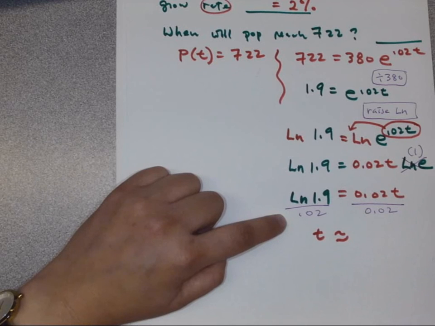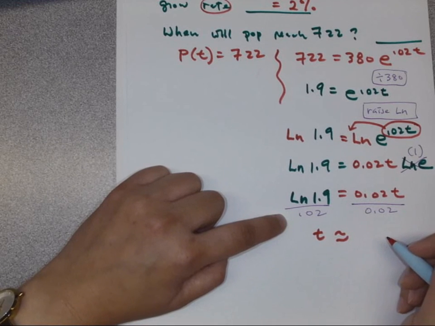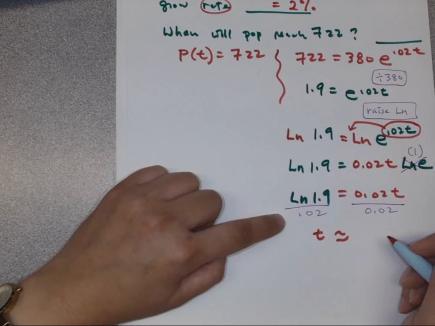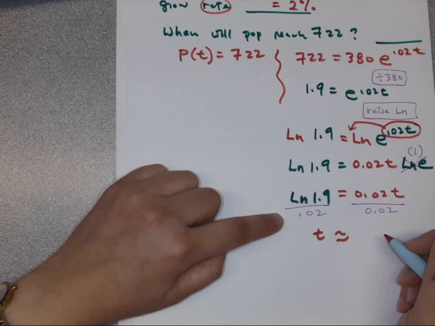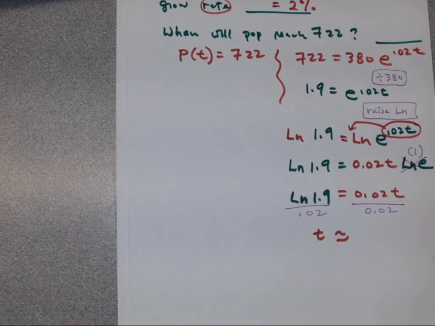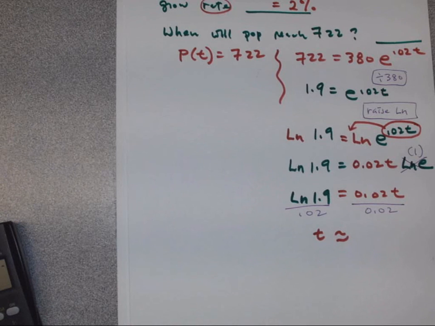Make sure your parentheses close correctly. If you have a graphing calculator, even me, sometimes I try to input it quickly. Let me try. What I have there may not be right. ln of 1.9 divided by 0.02.